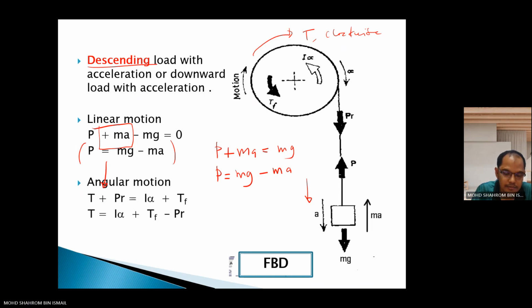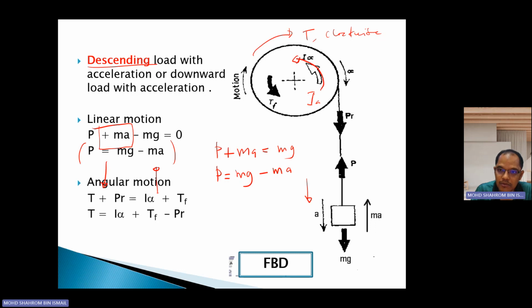I alpha is against this motion. And the same goes with the torque friction, TF, acting in the opposite direction, since we know the torque acts like this. So this happens to be the formulation.